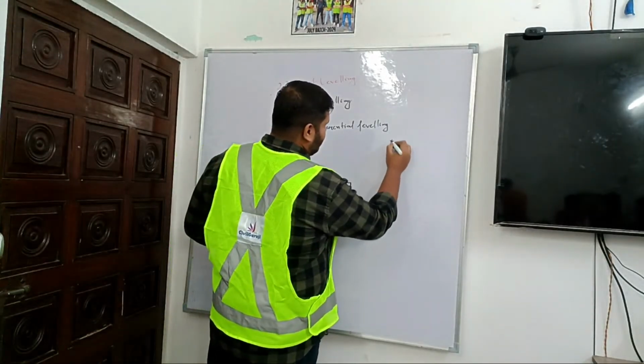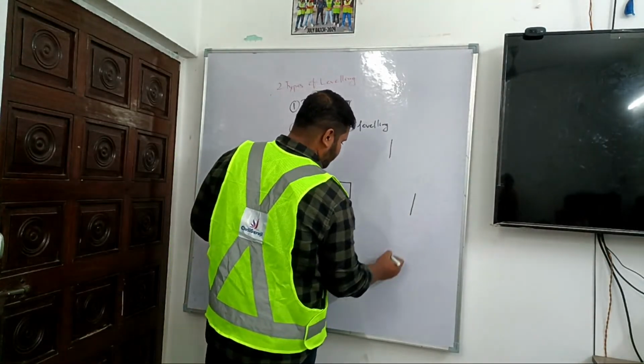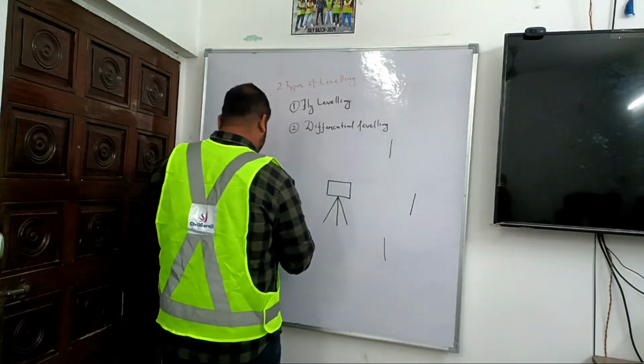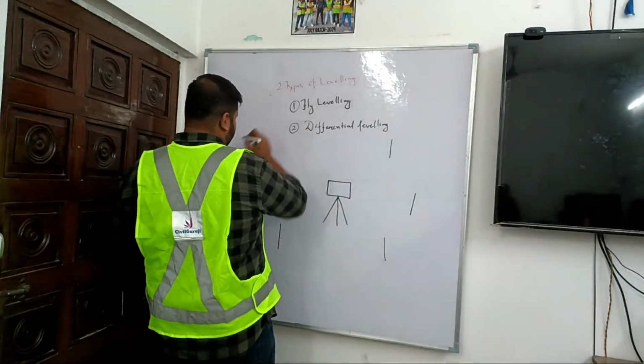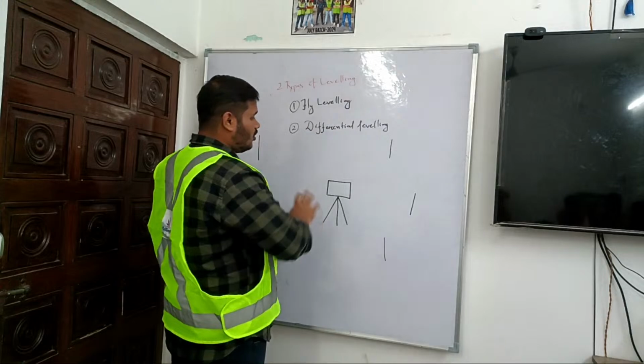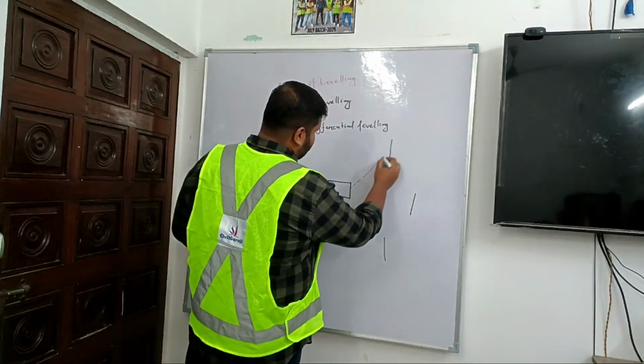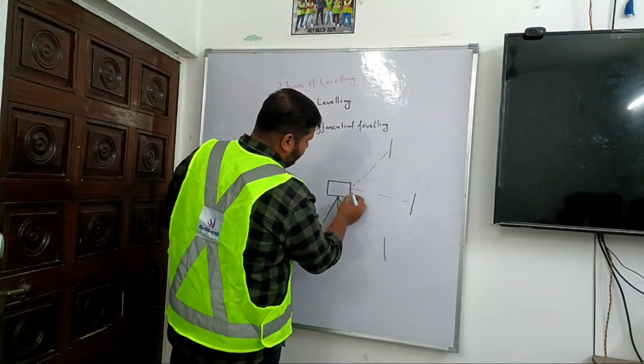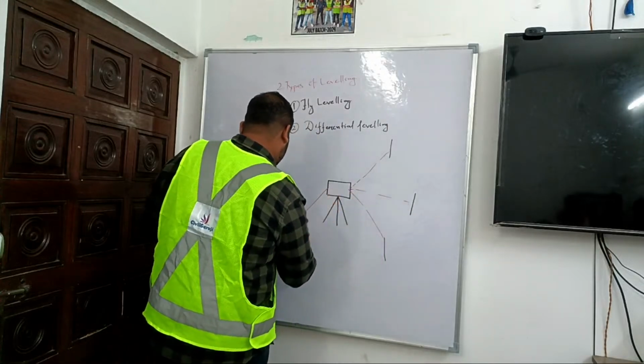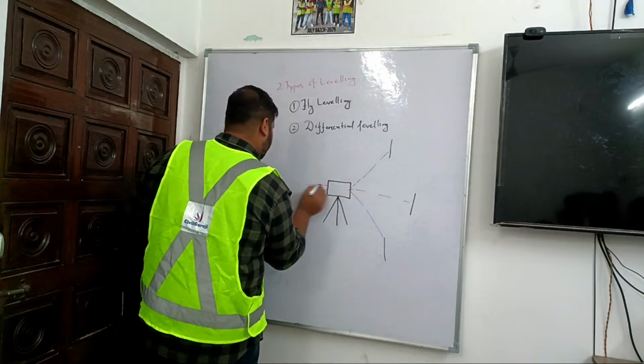Suppose this is the point, this is the point, and this is the point. The station will not change at all. We will take measurements from this point only.